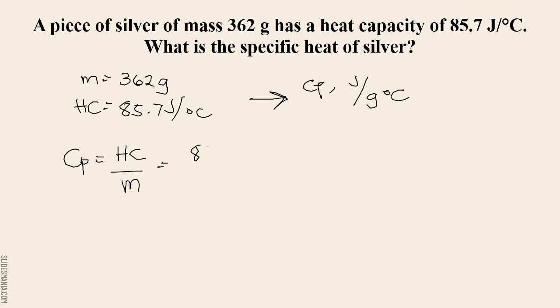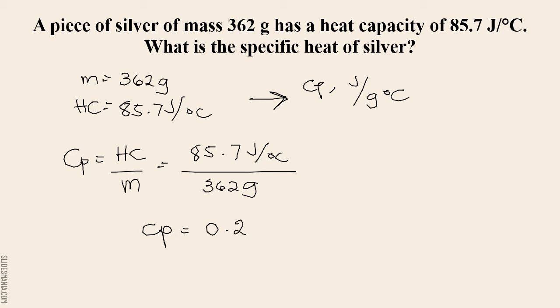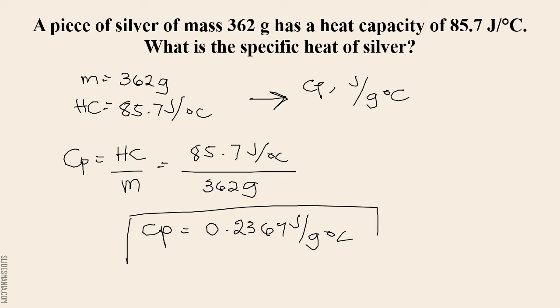So let's do it. What will be our Cp? Cp is 0.2367 joules per gram degree Celsius. Did you get that?